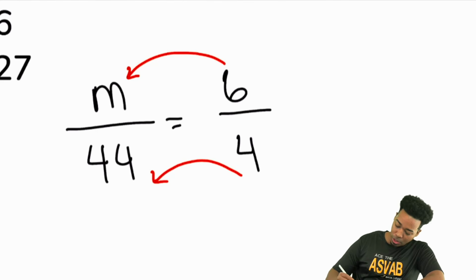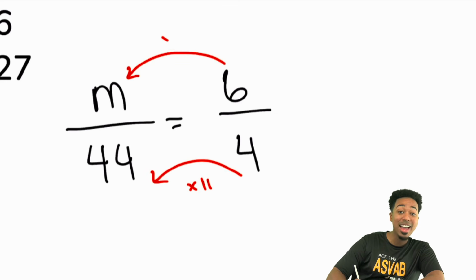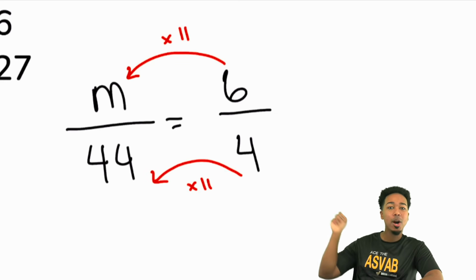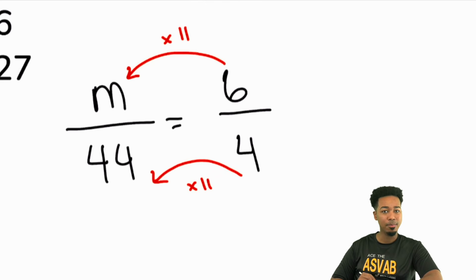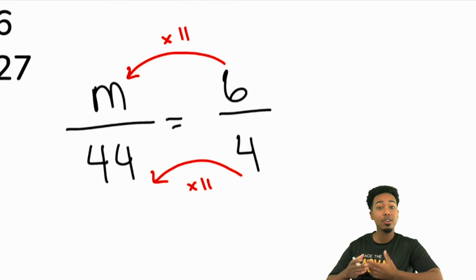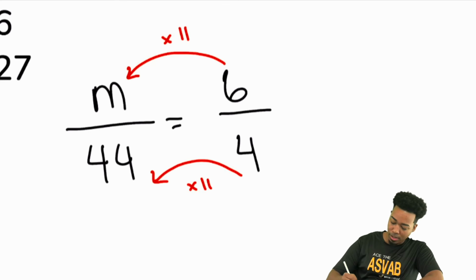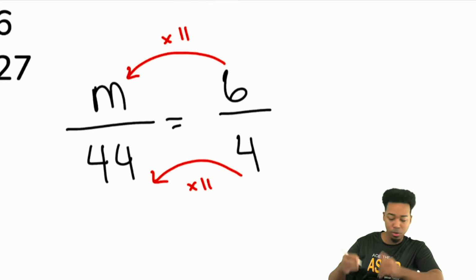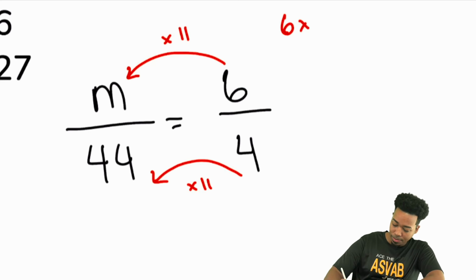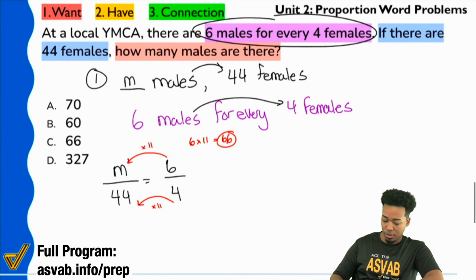So here, the relationship from 4 to 44 is times 11, which means you'll have to have the same comparison up there between 6 and M. Again, same comparisons in the same way. That's how proportions work. So 4 times 11 is 44. That's correct. 6 times 11 equals 66. And that's your answer. You're done.